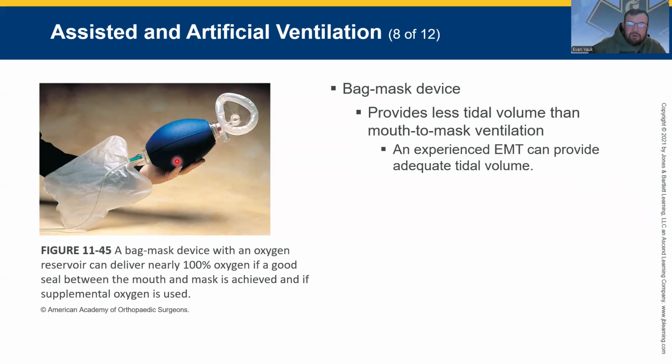This is where we squeeze, and this pushes air through into the patient. Then we've got our reservoir bag. You see the oxygen tubing plugging in here. It fills this bag with 100% oxygen, and we can give high concentration oxygen with every squeeze, every breath we give.